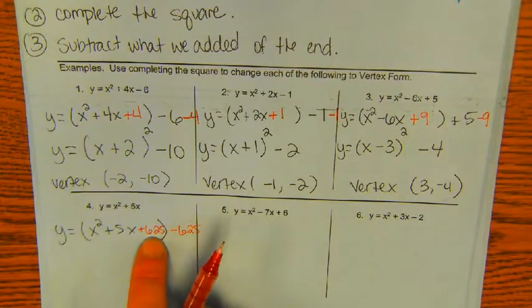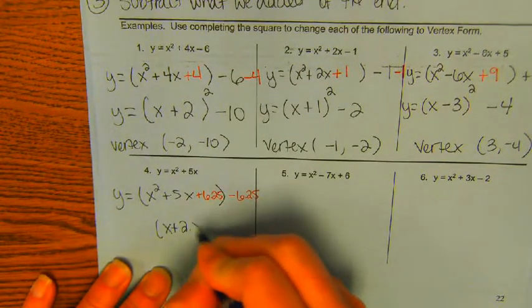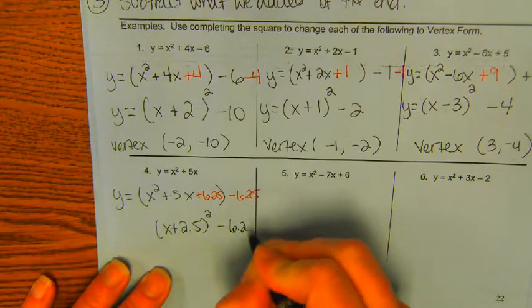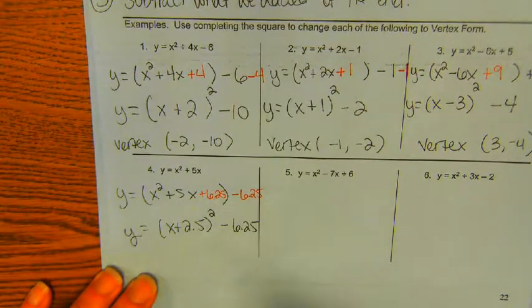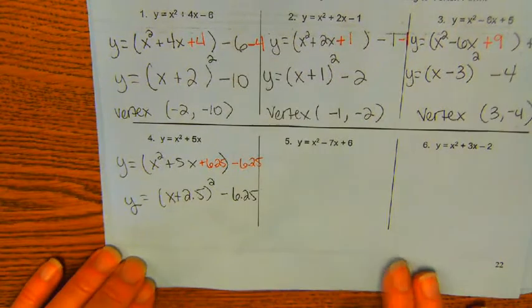What times itself gives you 6.25? What did we do to get the 6.25? Squared 2.5. So what does this factor into? X plus. Nicely done. That is its vertex form.